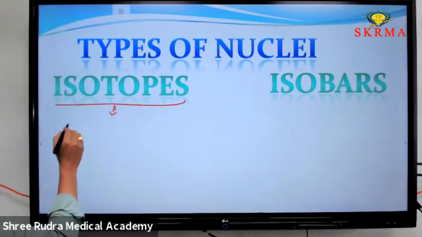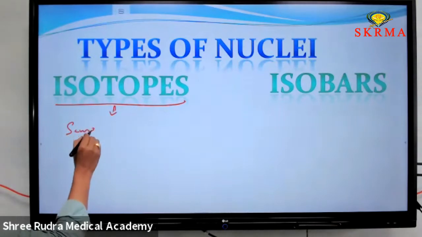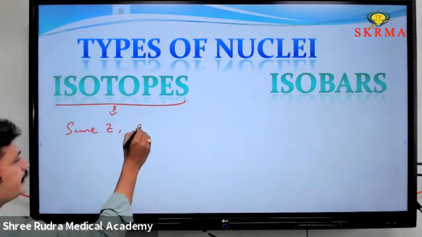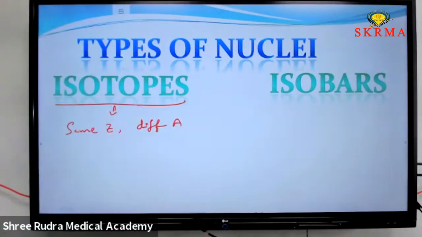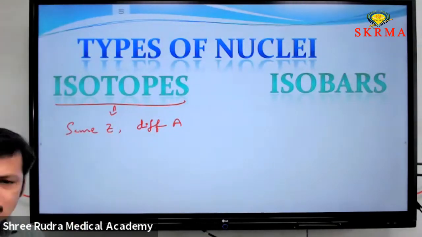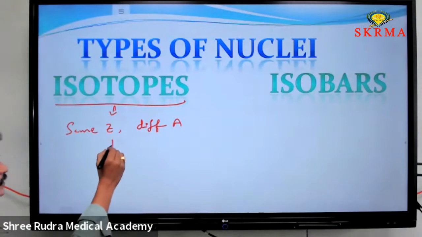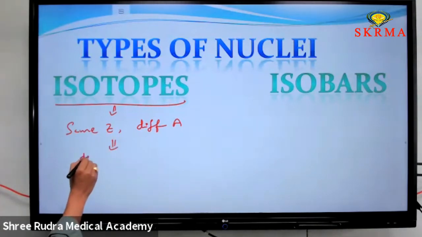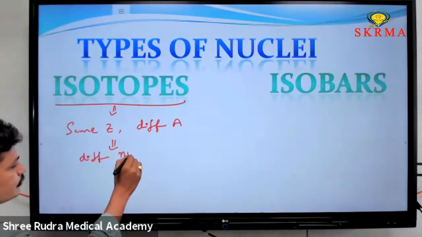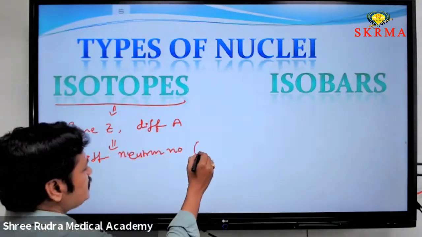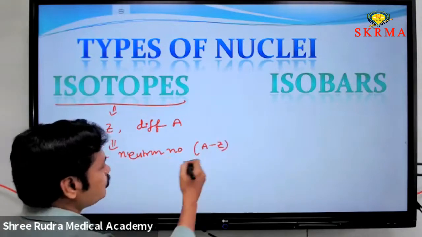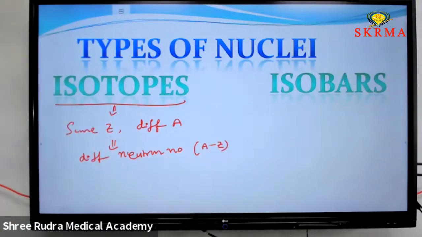Isotopes, simply you can say, have the same atomic number and different mass number A. Whenever A is different, obviously the neutron number changes. You can also say it like this: different neutron number. Why? Because A minus Z varies. A minus Z is the number of neutrons, and that varies.